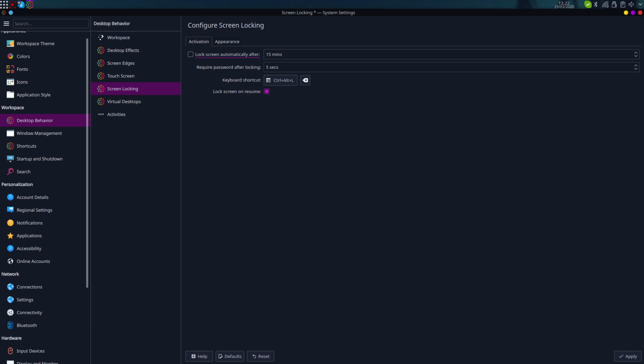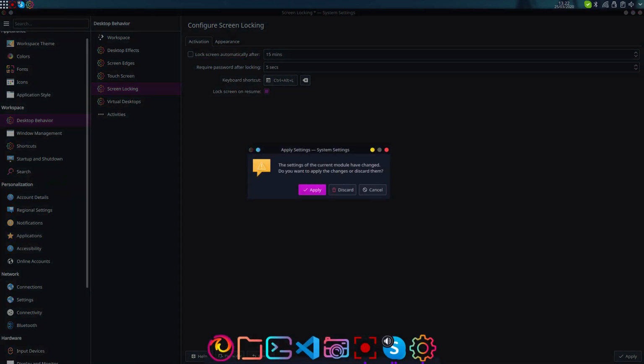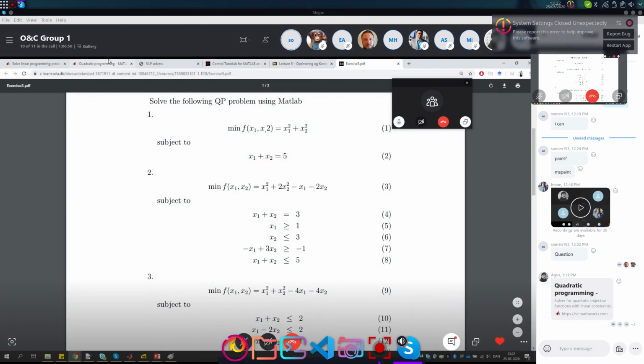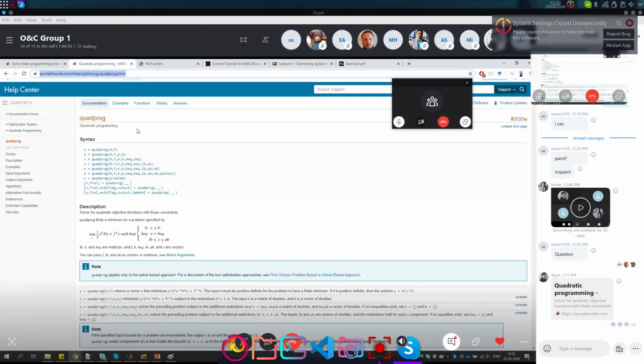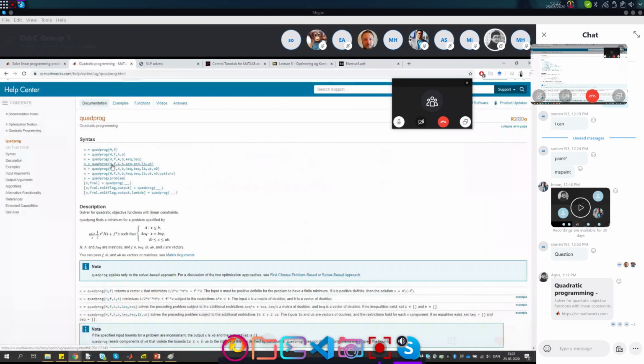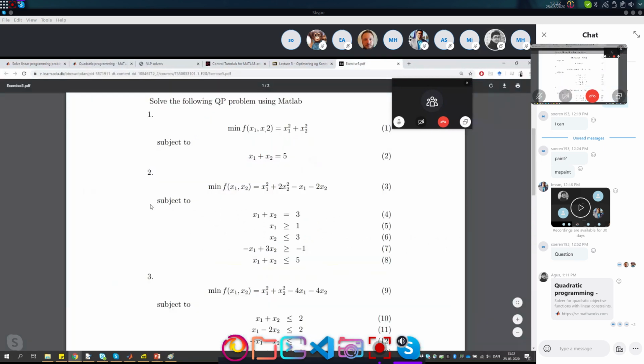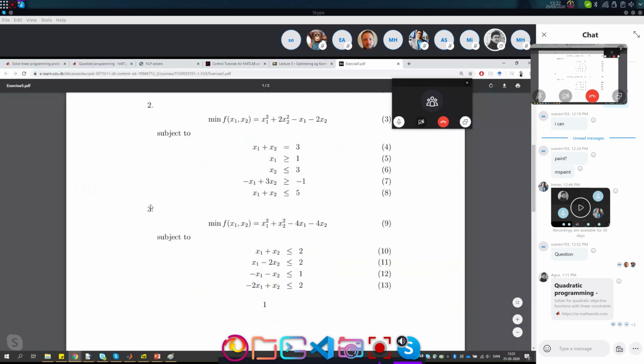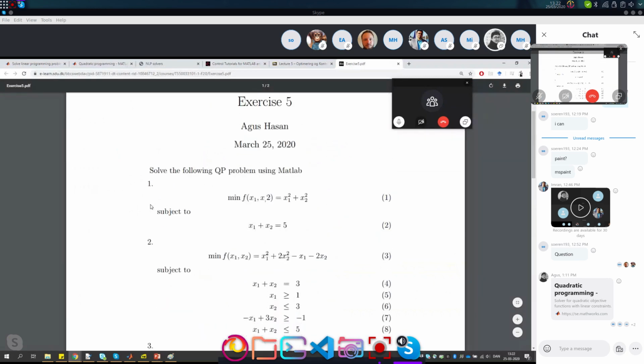You just look into this problem, this page, and once you are able to define the matrix and vector, you can just plug this into the function, and then you are good to go. Okay. I will be here, so if you have questions, you can just start working with MATLAB.